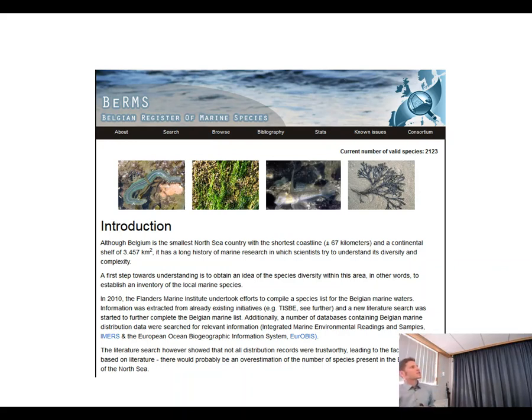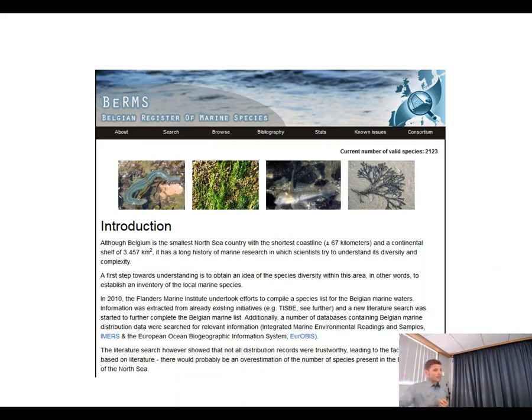Last two slides on BeRMS then. As I said, initially we had this TISBE register. This gave information on the number of species back in 2003. Then in 2010 we launched BeRMS for the first time, based on the data available in ERMS and in WoRMS.